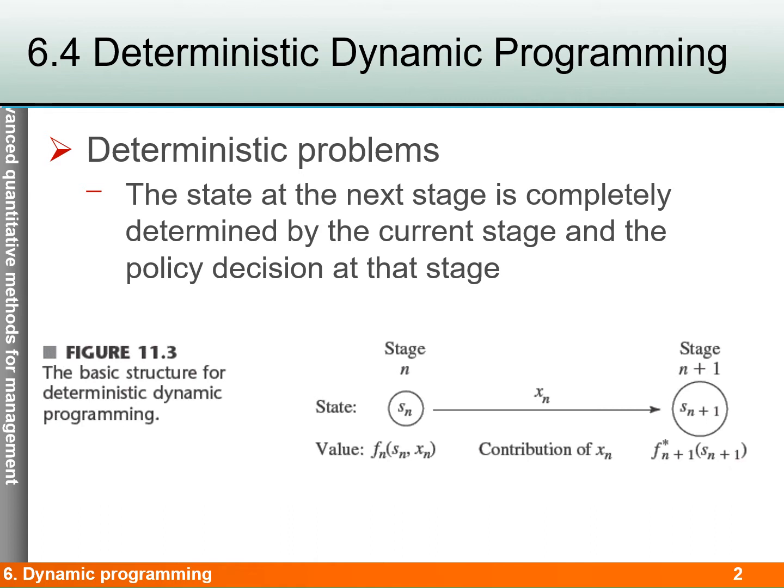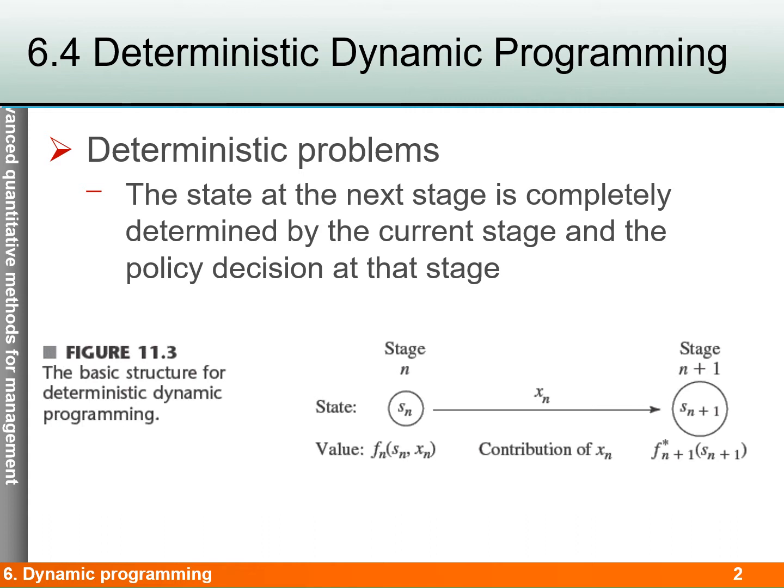So the decision policy Xn also makes a contribution to the objective function. Combining these two quantities in an appropriate way provides Fn of Sn and Xn, the contribution of stage n onward to the objective function.